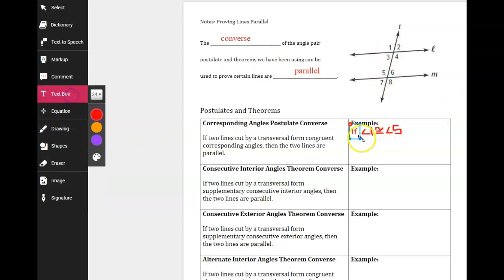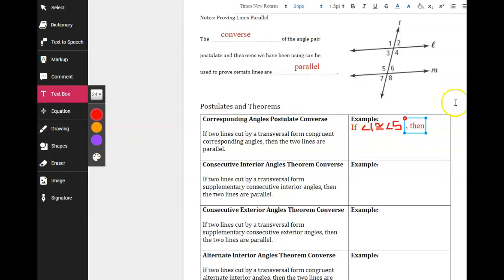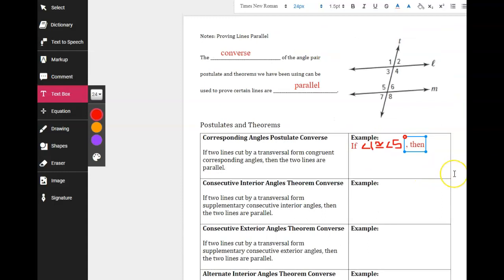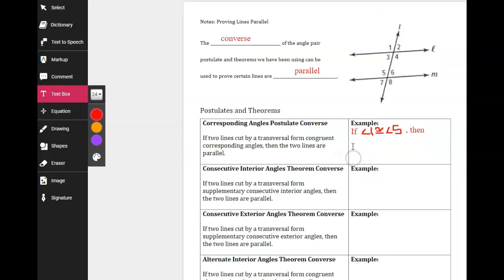So if we have that situation, then we would be able to say that the lines that are cutting that transversal are parallel to each other. So we would be able to say that line L is parallel to line M.